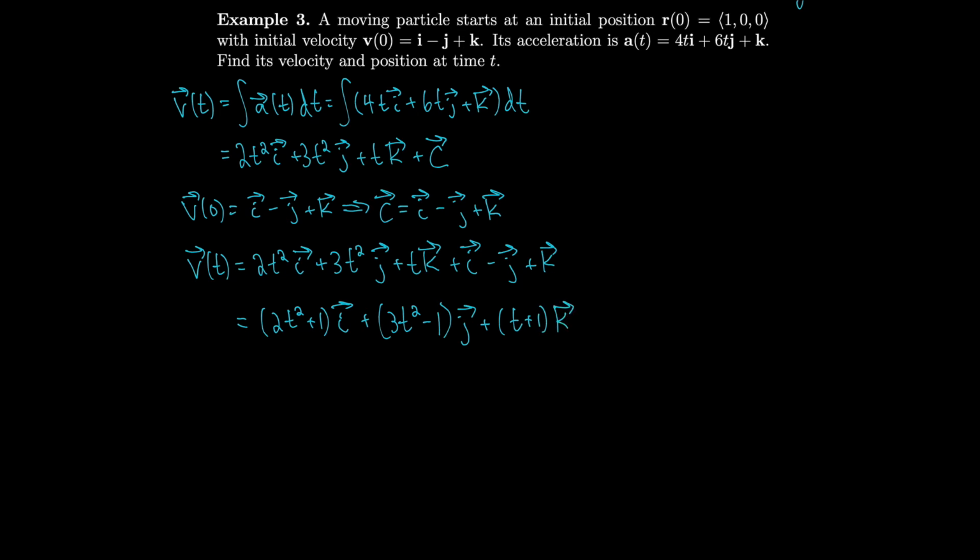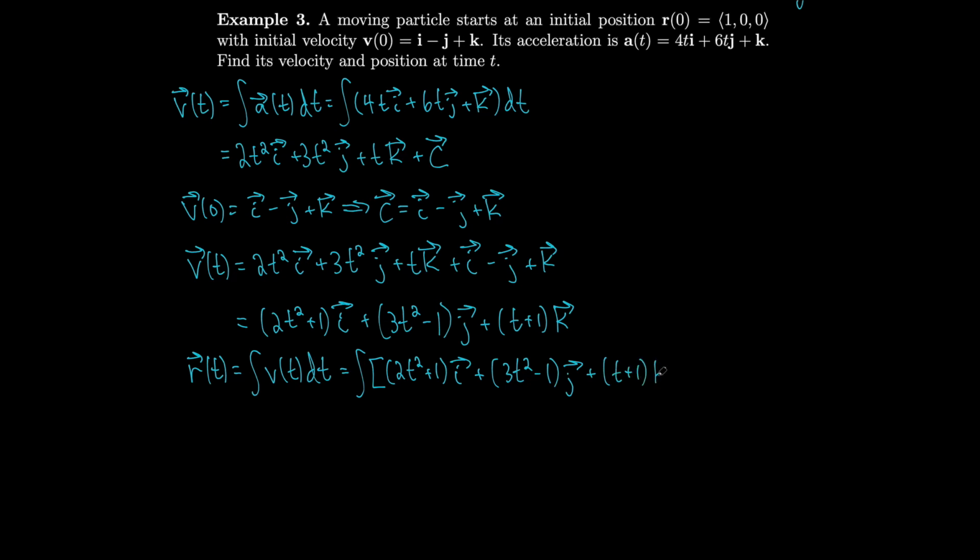Okay, so for velocity, I just need position now. So do the exact same thing again. r of t will just be the integral of v of t. So that's the integral of 2t squared plus 1 i plus 3t squared minus 1 j plus t plus 1 k.